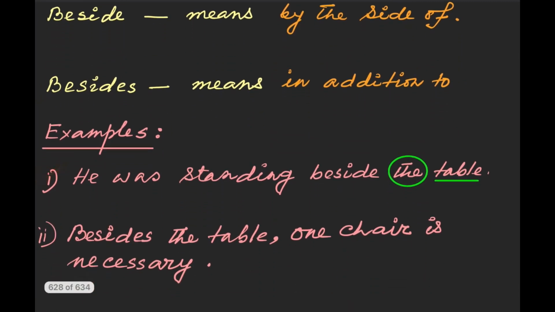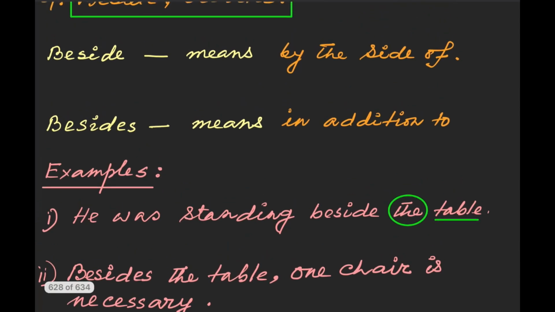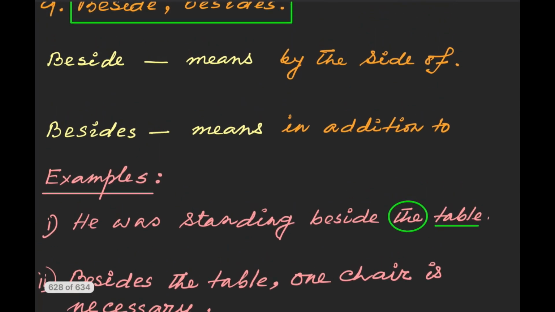Number 1, he was standing beside the table. That means by the side of the table. And example number 2, besides the table, that means in addition to the table, one chair is necessary. These are the two examples to clarify your idea about the difference between beside and besides.